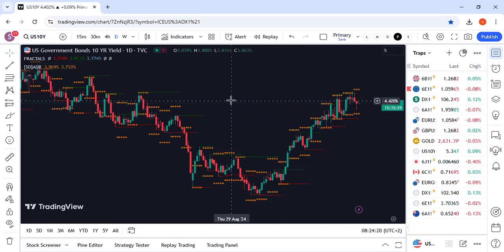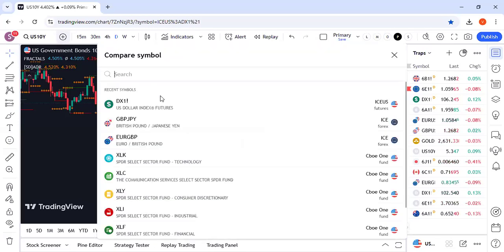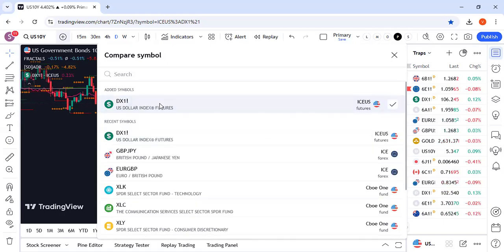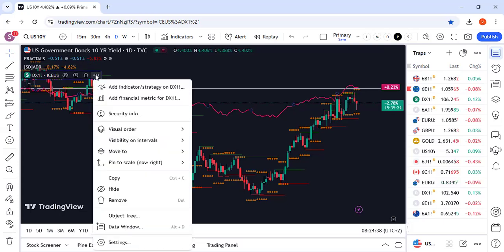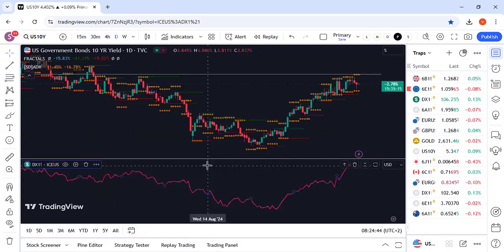Now I'm going to overlay it. So we are going to use this compare symbol and we are going to compare it with the dollar futures, US dollar index futures. So what we need to do is to come here and we are going to move this to a new pane below.